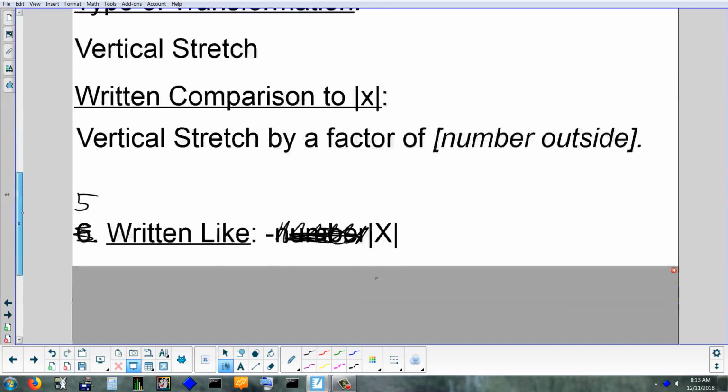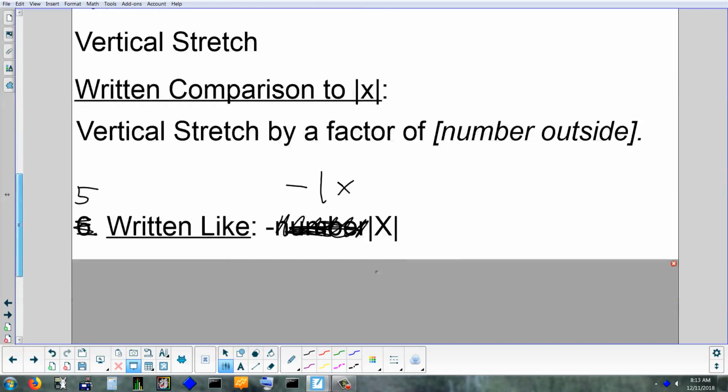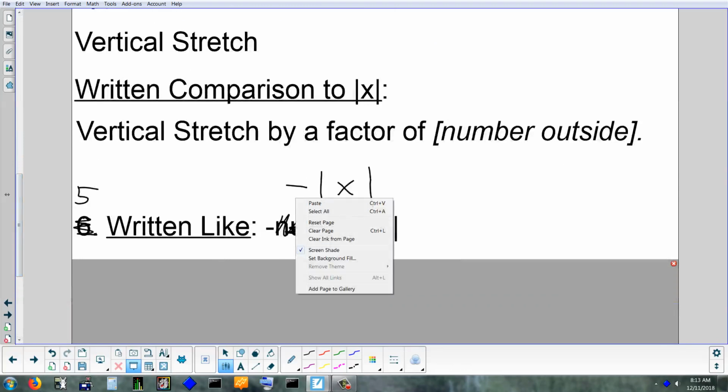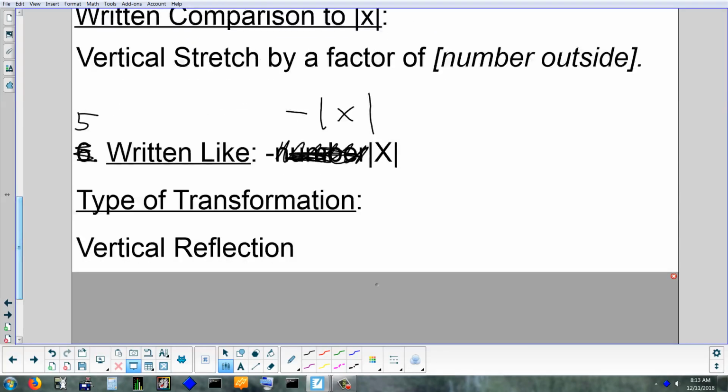When you have just a negative, just like that, we say, okay, just a negative. What does that mean? It means a reflection. Where is it? It's outside the bars. Anything outside the bars is always which way? Always vertical. So it's outside the bars, it's vertical. It's just a negative. That means it's a reflection.